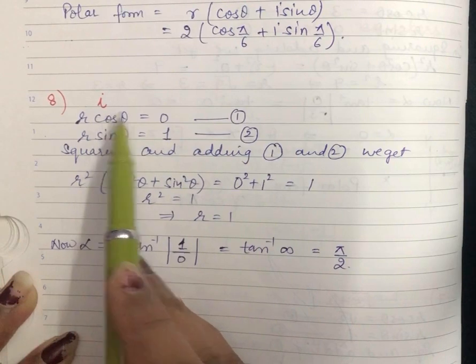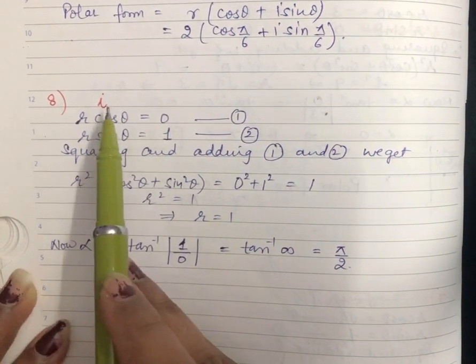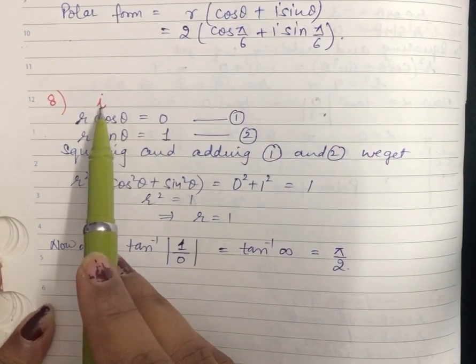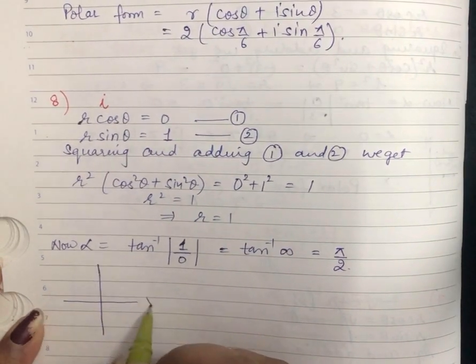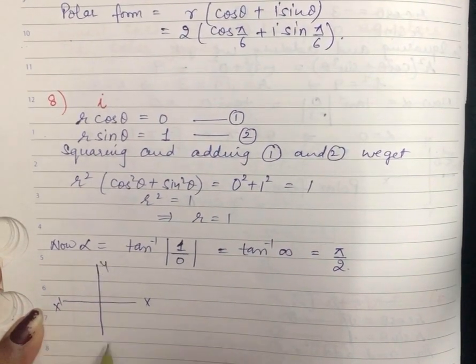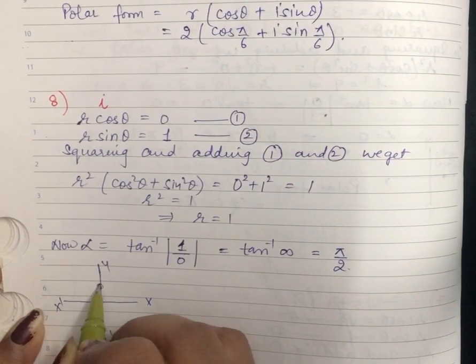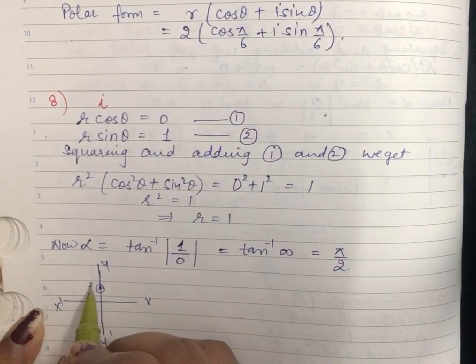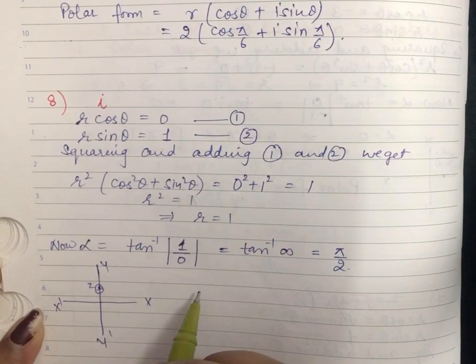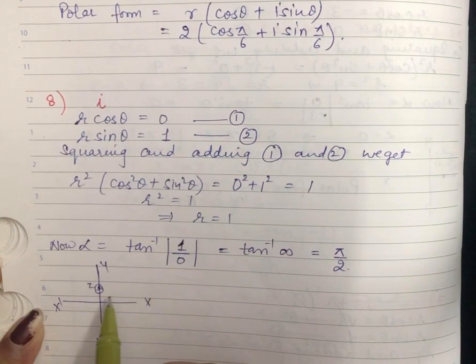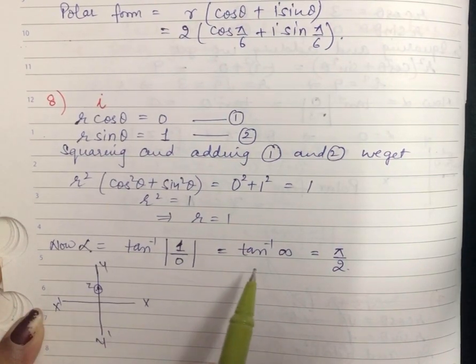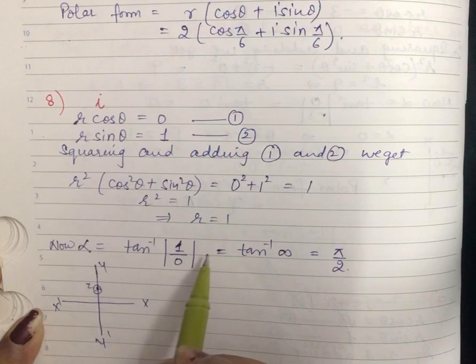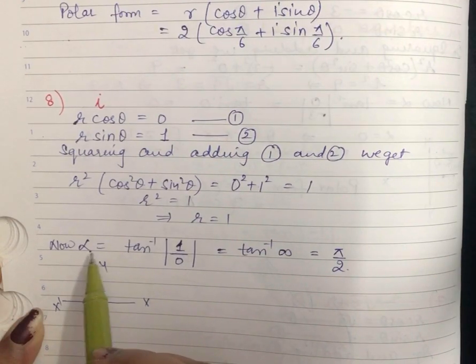Now here also again we can see this value is iota, that is our complex number lies somewhere here, on the positive y-axis. So our theta will remain equal to alpha.